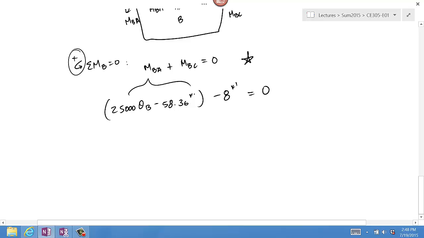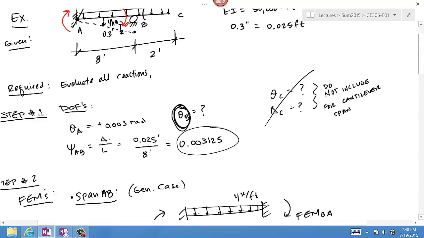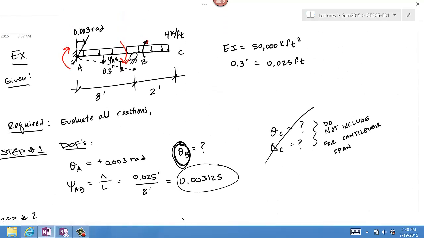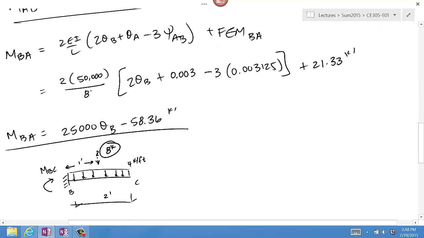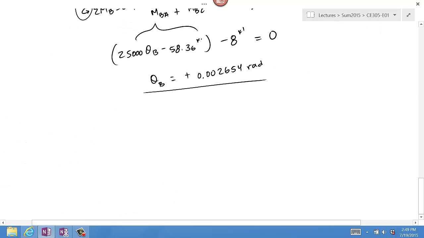Set that equal to 0, and then solve for your unknown, theta B. This gives us a positive 0.002654 radians. Positive means clockwise. So this joint B is rotating in the clockwise direction. Or the beam over the support B is rotating in the clockwise direction.